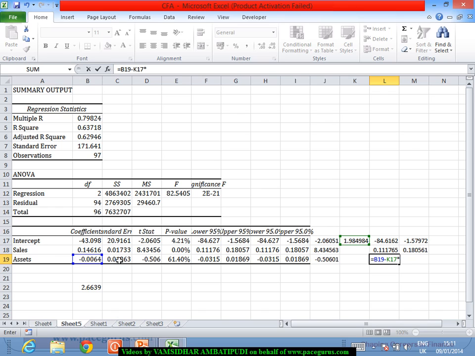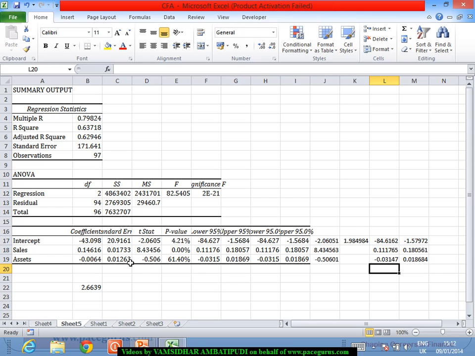minus 1.98 times the standard error is giving me the minimum value of minus 0.03, and on the other side plus 1.98 times the standard error is giving me plus 0.01. So the 95% confidence limit for the assets is from minus 0.03 to plus 0.01, which means there is a possibility of 0 in that interval.